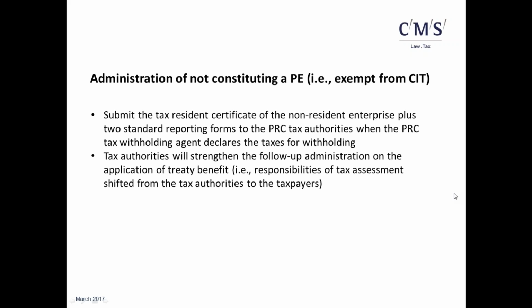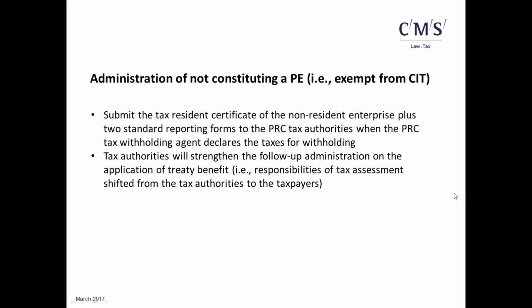But the tax authorities have the right to initiate any follow-up administration to see whether such documents are reasonable and whether the foreign enterprise really has the right to enjoy such treaty benefit.